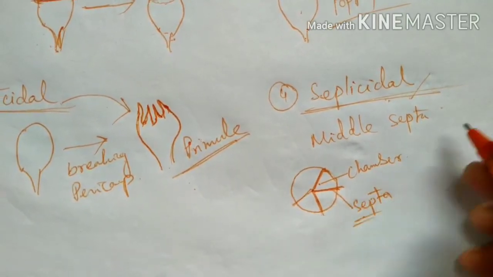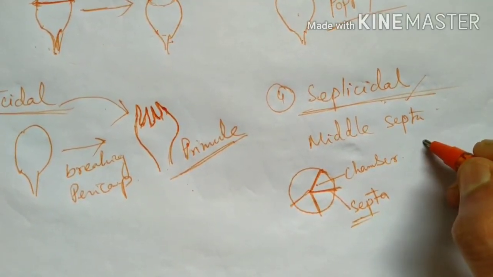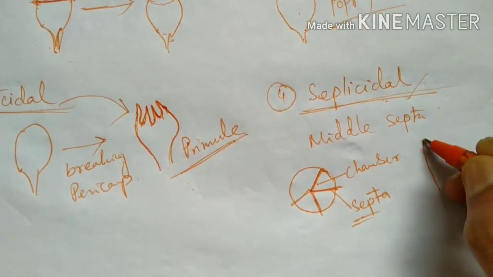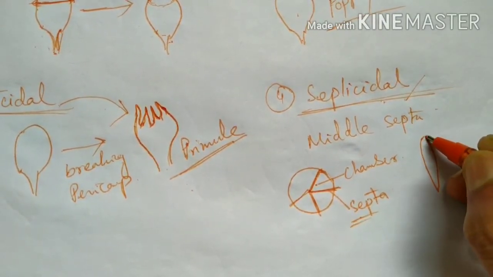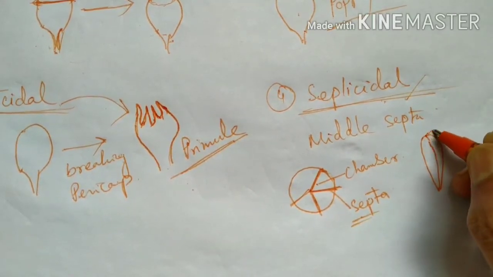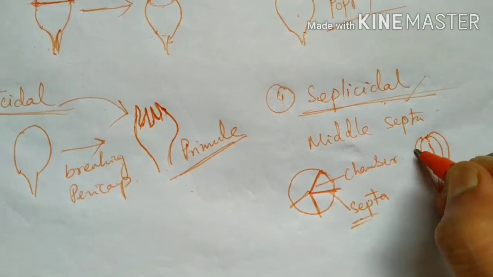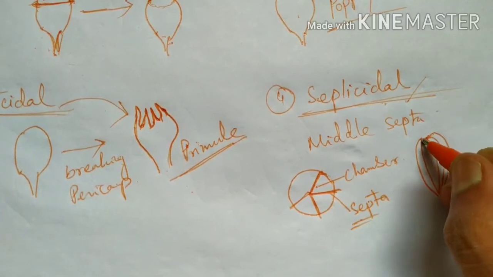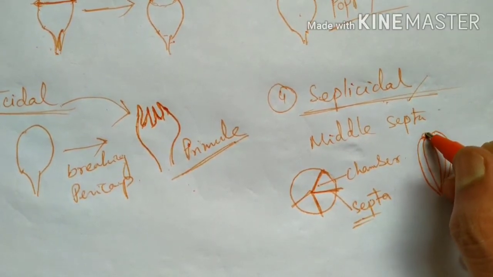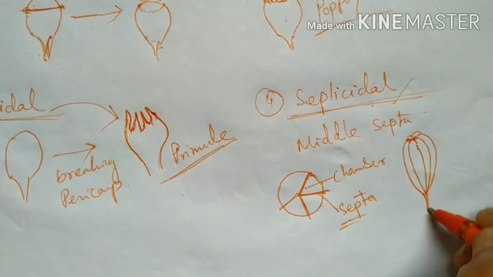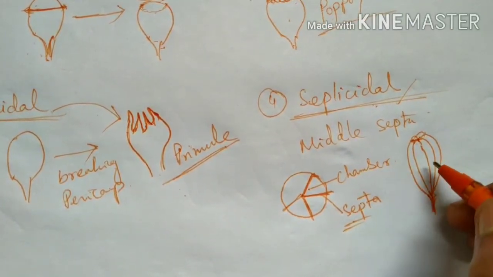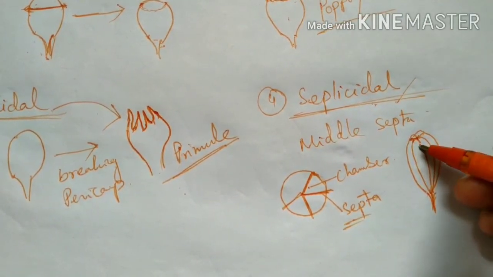So if this is a fruit, then dehiscence of the fruit occurs through this middle septa, right?